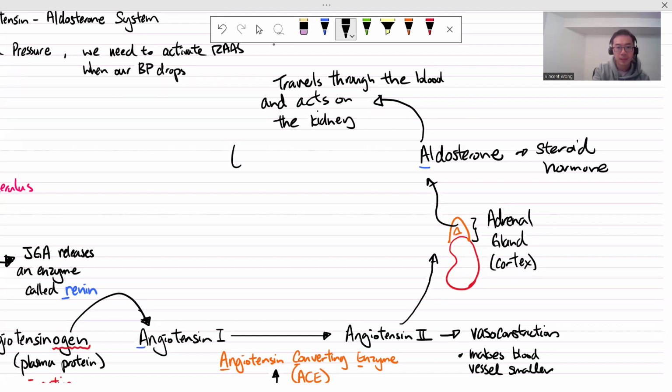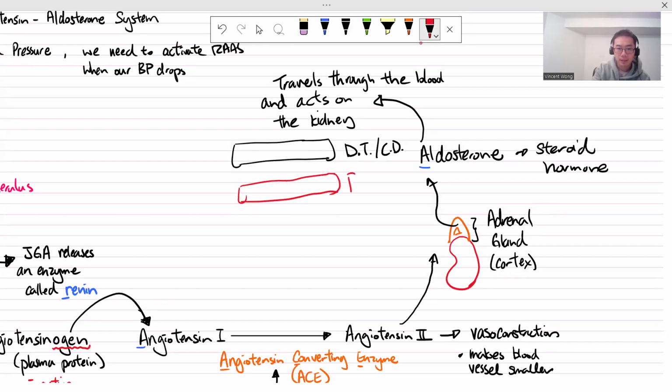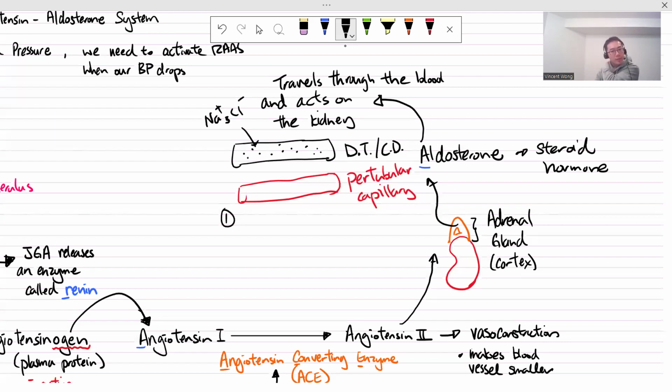Well, this is the distal tubule and the collecting duct. This is the blood vessel, okay? The peritubular capillary. Okay, so you have all these. The black dots are like Na plus and Cl minus. Okay, so I'll let you catch up first, and I'll tell you what it does.